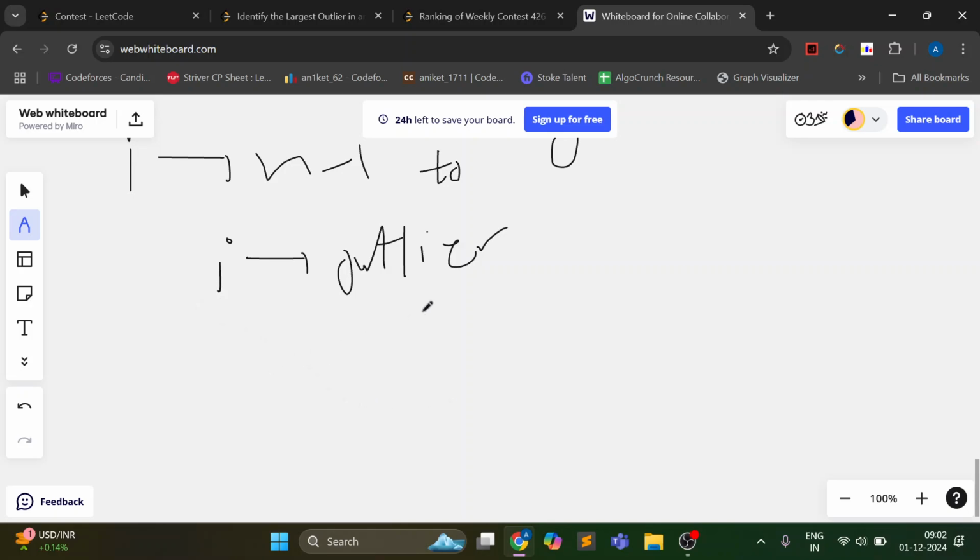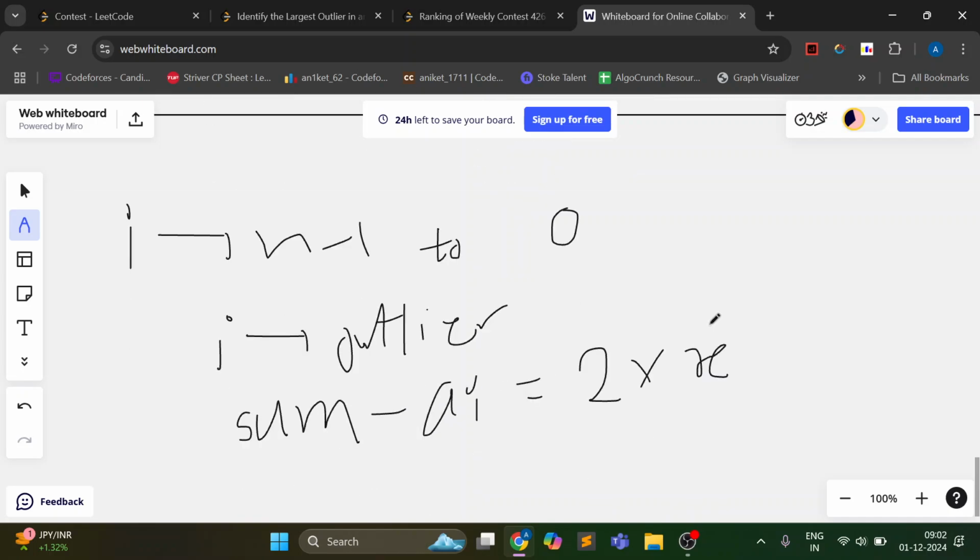Now if we consider i to be outlier, total sum of array minus the outlier should be 2 into x, and x is nothing but the sum of special numbers.